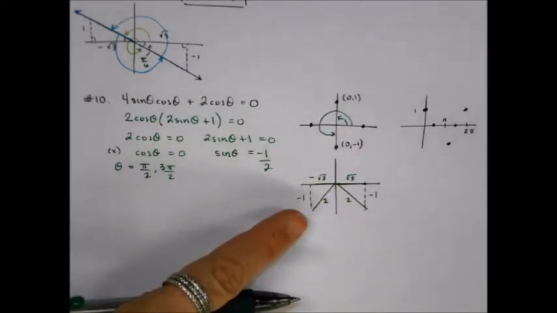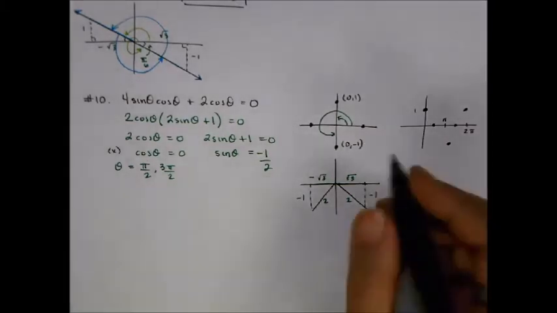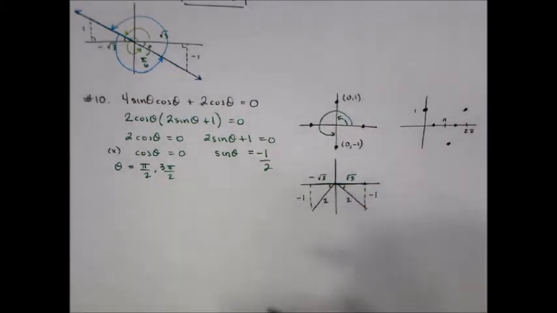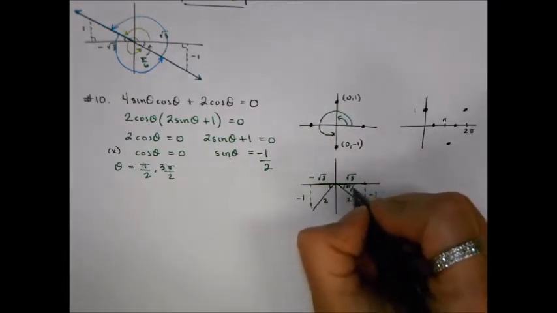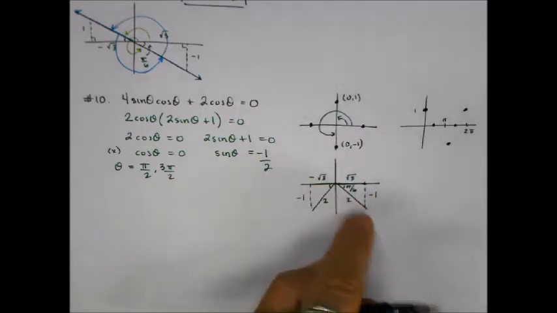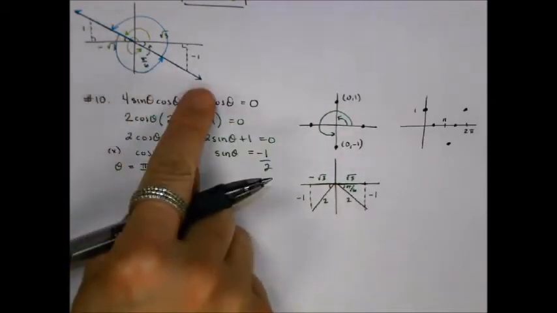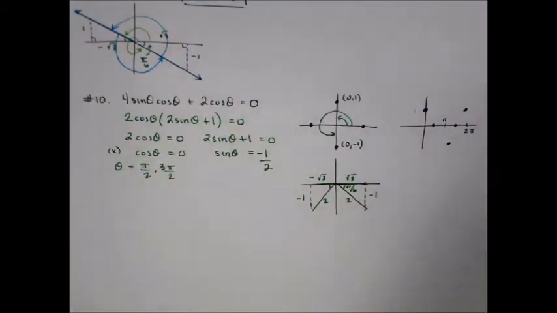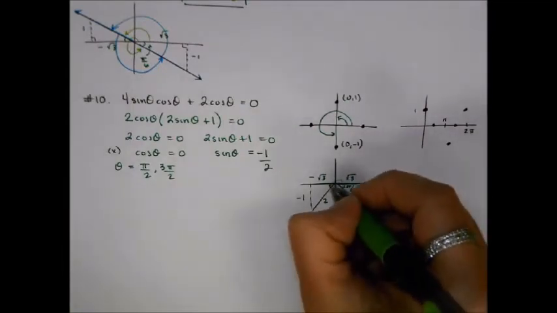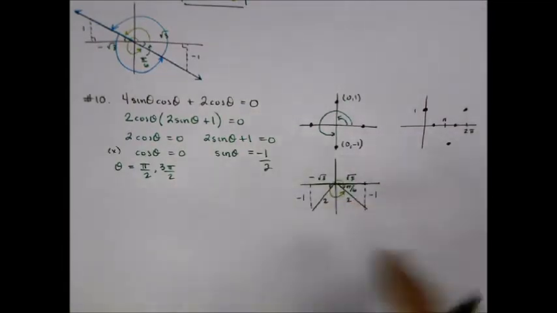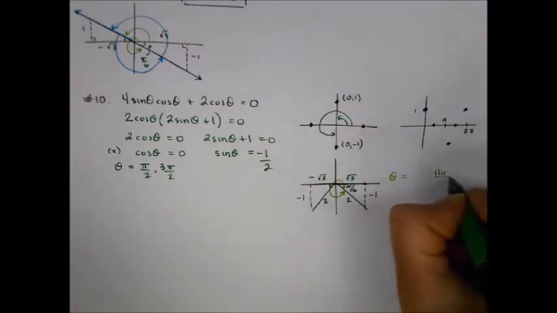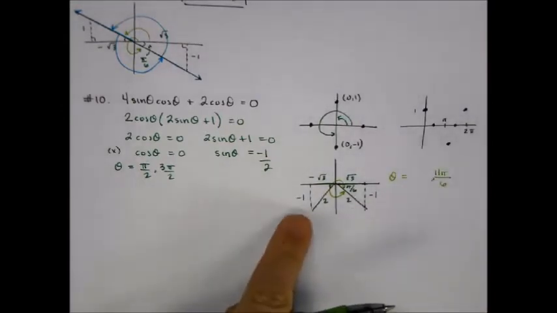All right, so again, next to √3 should be 30 degrees or pi over 6. So we did this angle last time, right? Pi over 6 before 2 pi is 11 pi over 6. So this is 11 pi over 6. This first one is pi over 6 after pi.